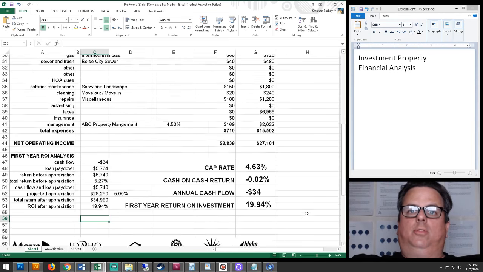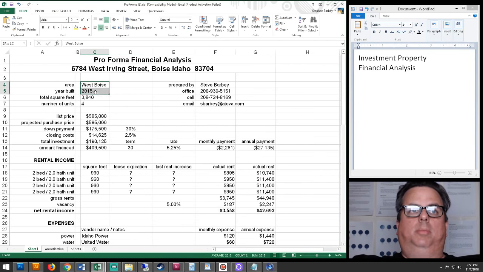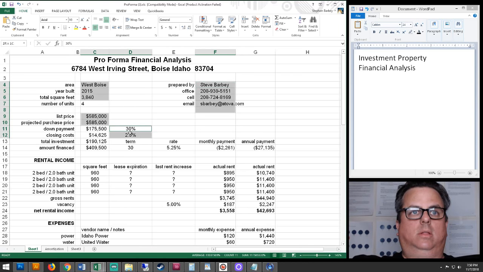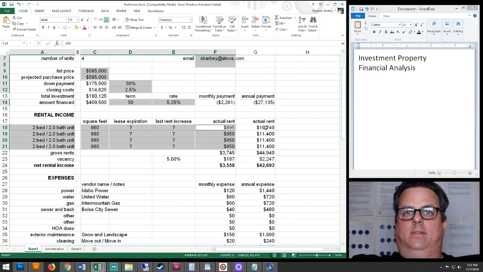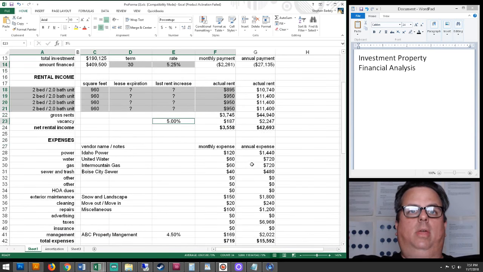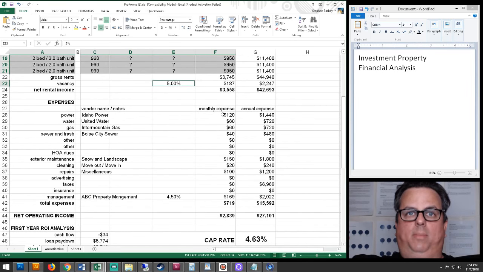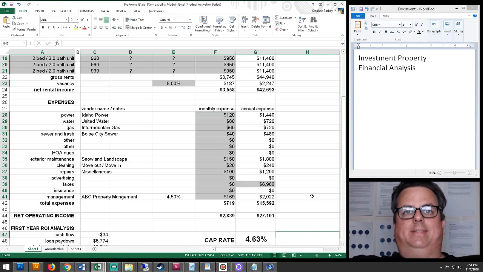That's pretty much it. Just to recap really quick, we plugged in this information, and these guys, and if we had them, these guys, and everything else here is calculated. The vacancy rate we were able to mess with, and the expenses on a monthly basis we put in. We put in the annual tax amount, and that's it.